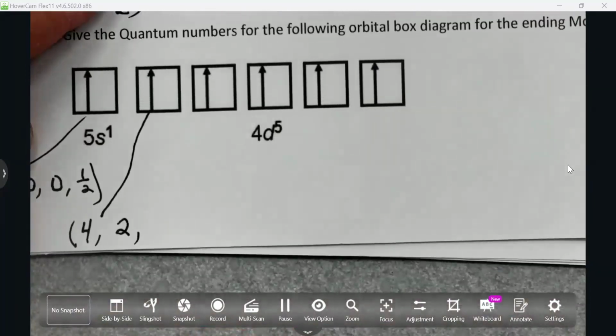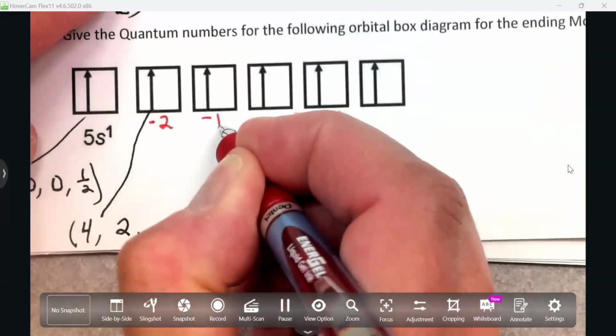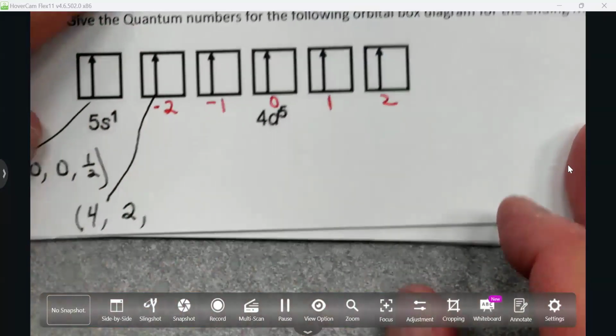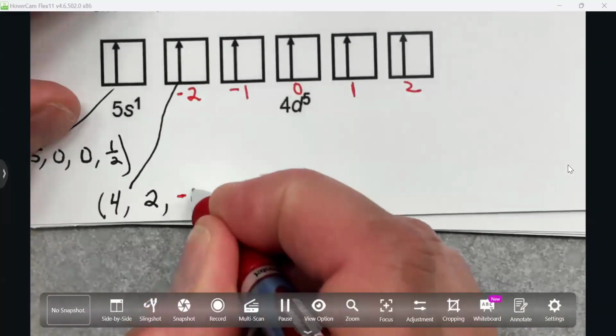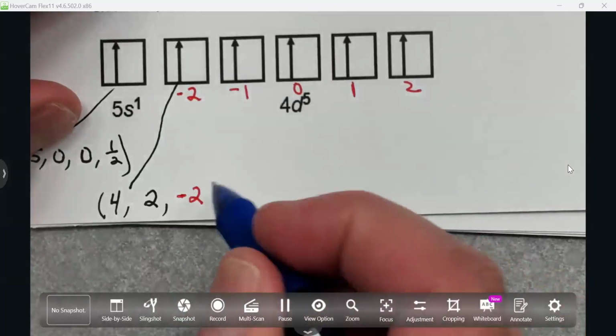Now what? -2 to +2, correct? If this is D, -2, -1, 0, 1, 2. Well, it's in -2 for the exact orbital, correct?